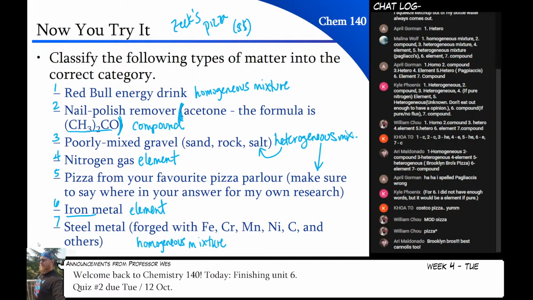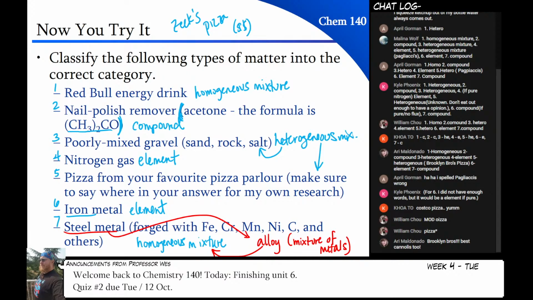So this is sort of a trick question for me to teach you this. But steel is what's known as an alloy. And an alloy is a mixture of metals. And all alloys are homogeneous mixtures.